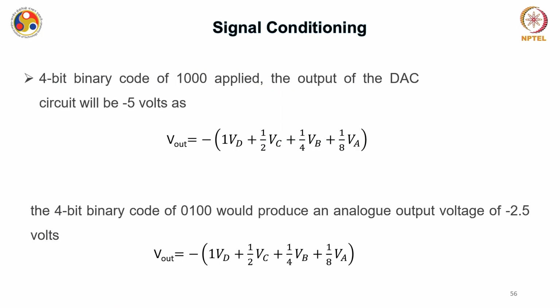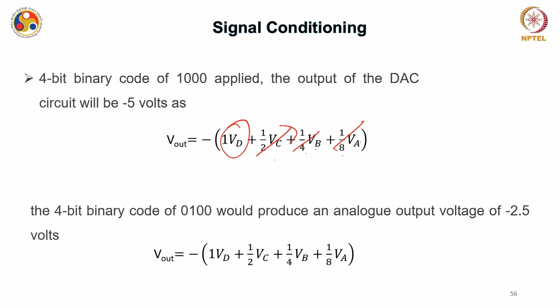Now, if the 4-bit binary code, for example 1000, is applied, the output of the DAC circuit will be minus 5 volt, as V out will be equal to minus 1 Vd plus half Vc plus 1 by 4 Vb plus 1 by 8 Va, and as I have mentioned, you have only the MSB as 1. So all the others are 0 and you have only Vd left, so you have 5 volt.